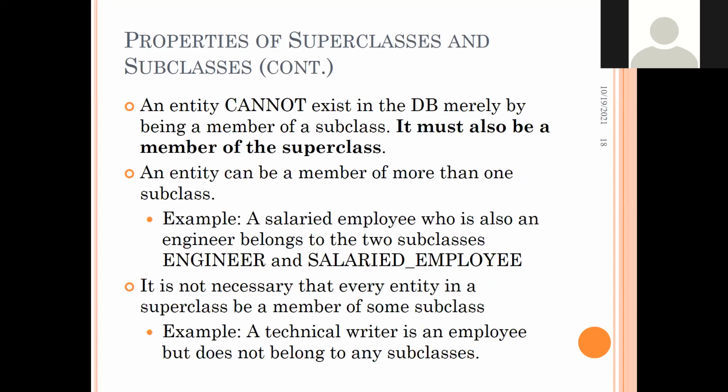The properties of a superclass and a subclass are such that an entity can never exist in the database just by being a subclass. It always has to be a member of the superclass. That is when it can exist in the database. And we are saying that an entity can be a member of more than one subclass. What am I saying?